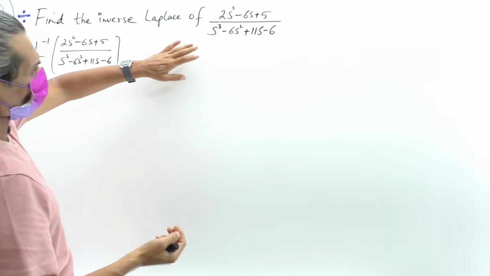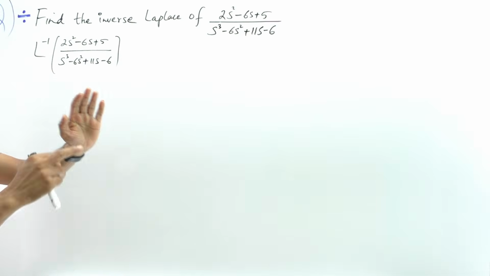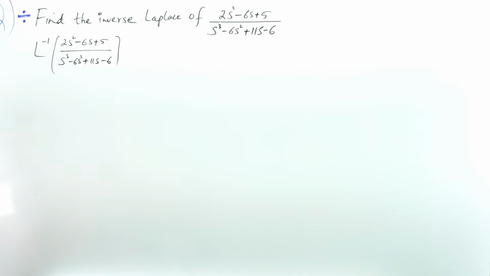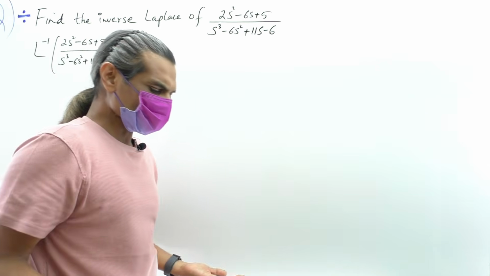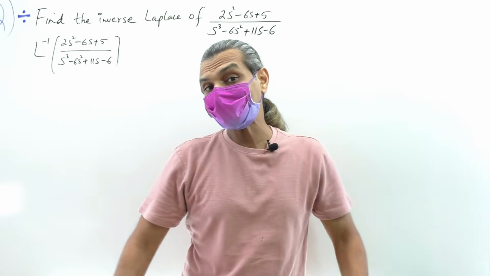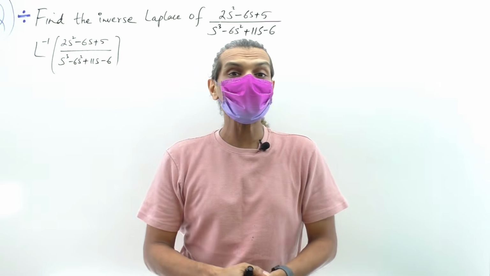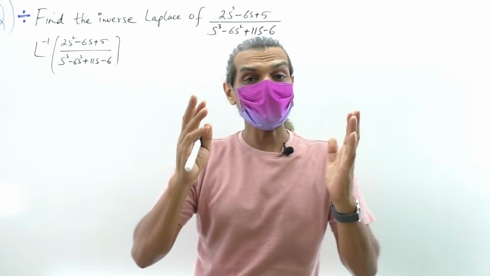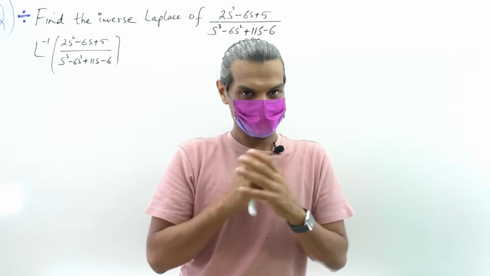If you see the denominator here, it cannot be a perfect square because it is s cube. Higher polynomials like s cube can be factorized. If they can be factorized, then we can easily apply the very famous classical method in Laplace inverse, that is the partial fraction method, and that's the easy one.